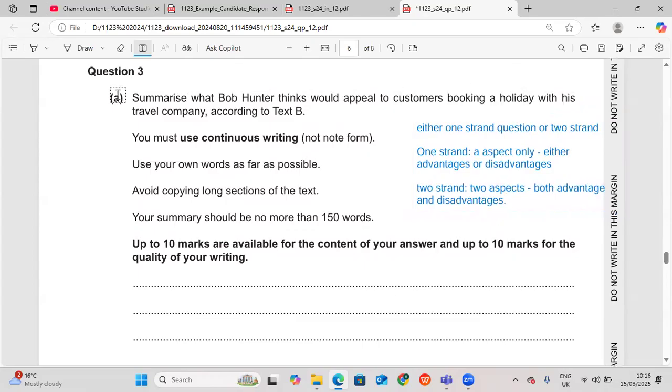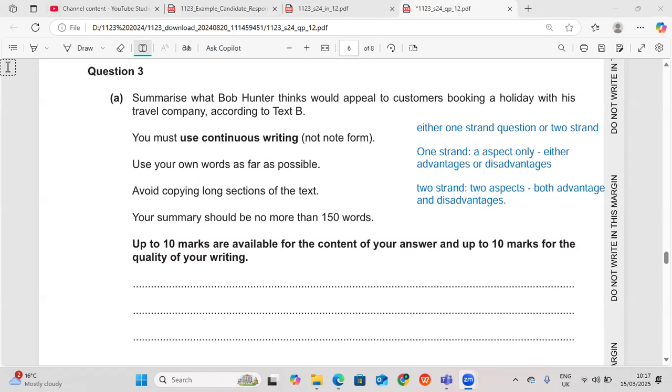It says summarize what Bob Hunter thinks would appeal to customers booking a holiday with his travel company, according to text B. So Fatima, you tell me, is it a one strand or two strand question? One strand. Fatma is not here. It's one strand because it's asking you about one aspect.